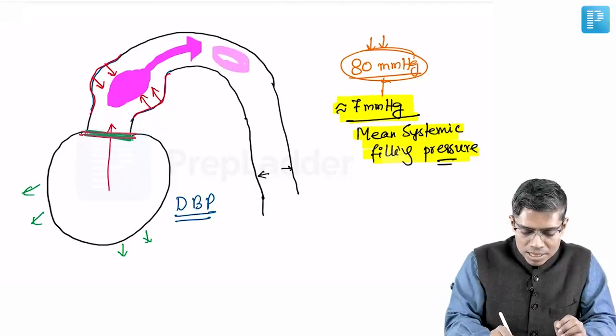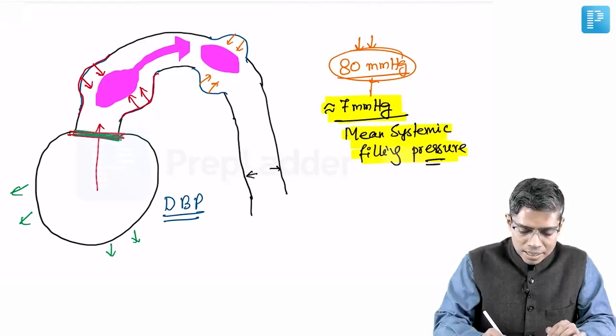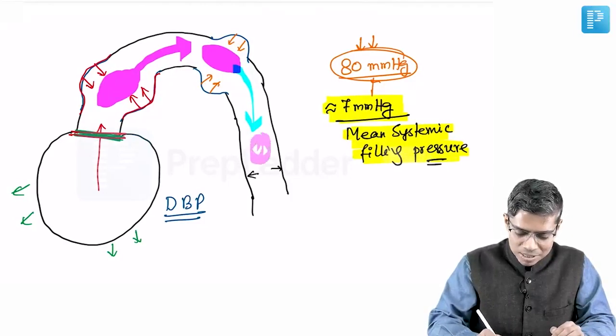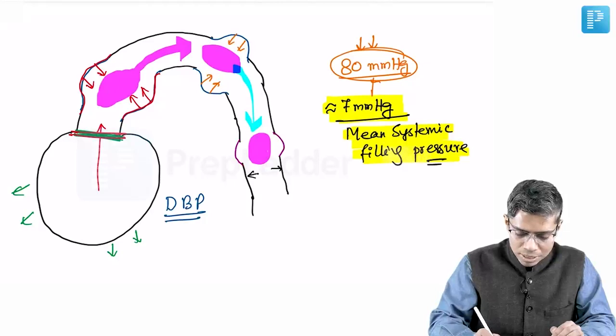And again, when the blood is reaching here, it will cause elastic expansion of this vessel wall, right? And again this vessel wall is going to recoil back. Whenever it is recoiling back, again it is going to push the blood in the forward direction, and again the same thing is going to happen. That means this blood is going to cause expansion of this vessel wall, and again that vessel wall will recoil back.